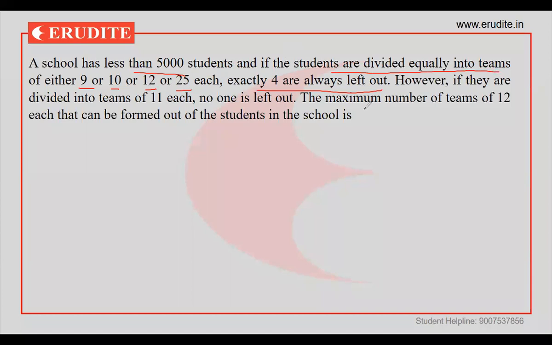So guys, in these kinds of questions, how to find the number which when divided by 9, 10, 12 and 25 leaves remainder 4? First of all, you have to take the LCM of 9, 10, 12 and 25.